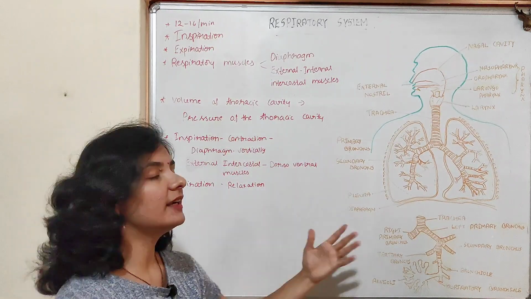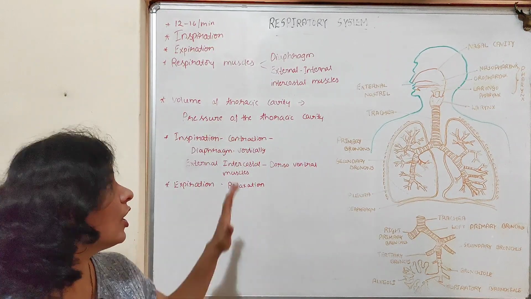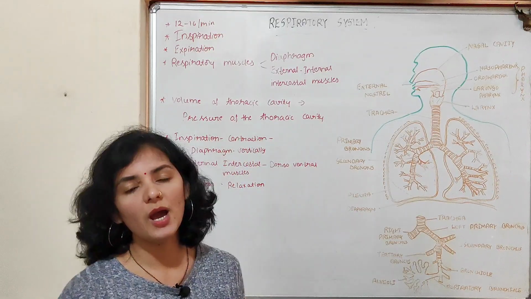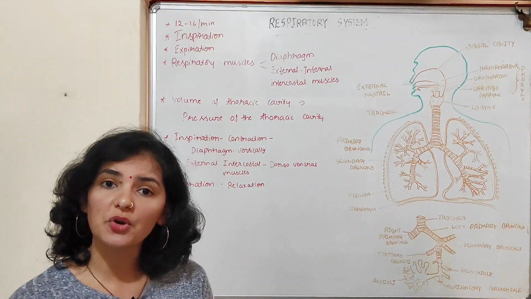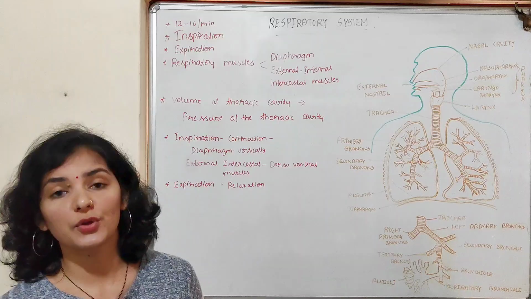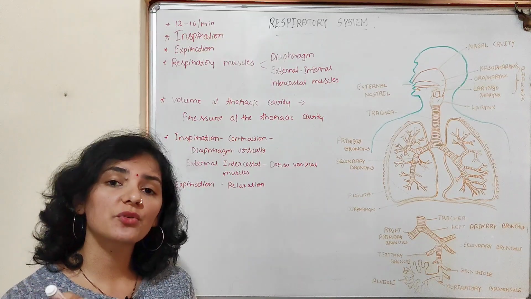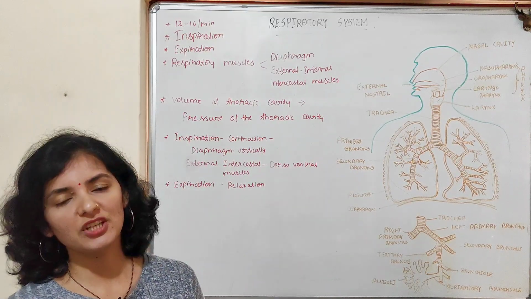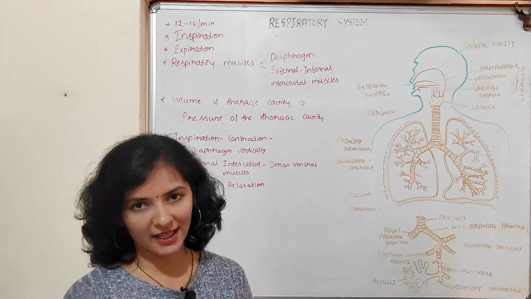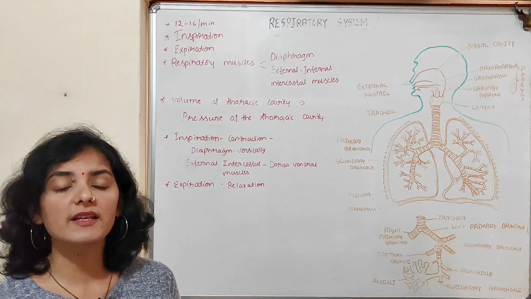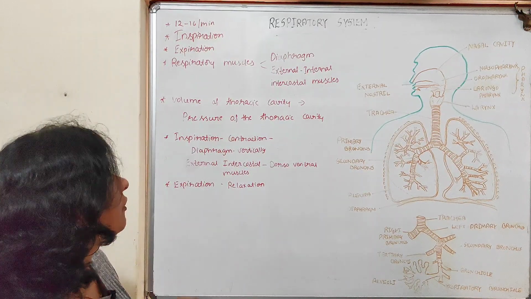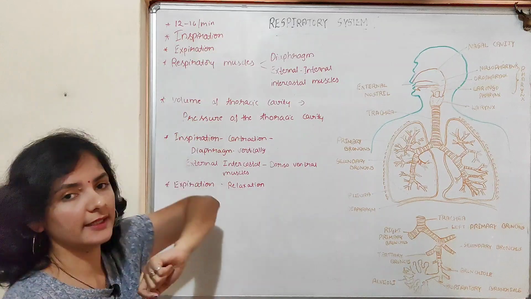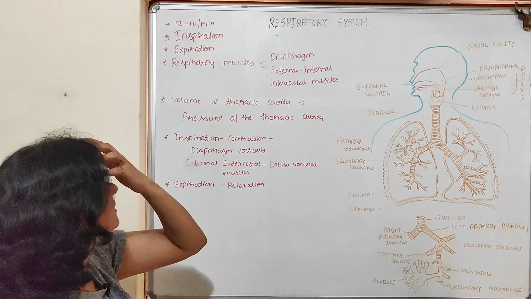You can say that it is directly proportional. So that is how the thoracic cavity is related to the pulmonary cavity, and it is because of the airtight nature of the thoracic chamber that respiration actually takes place. Now we'll learn how exactly respiration takes place, or we'll learn these two steps in detail, that is inspiration and expiration.